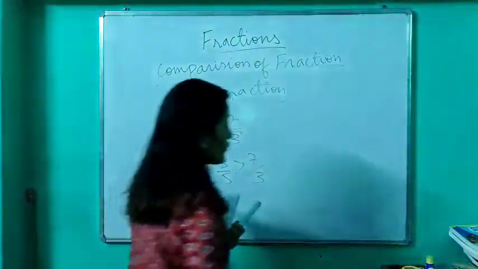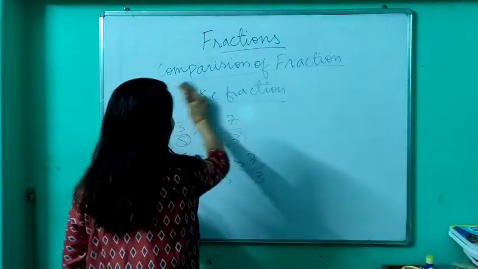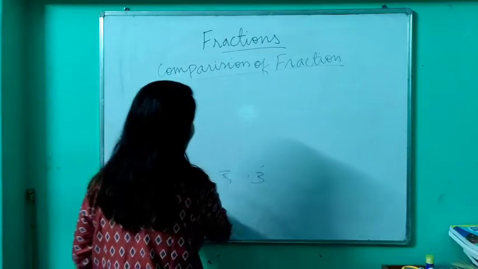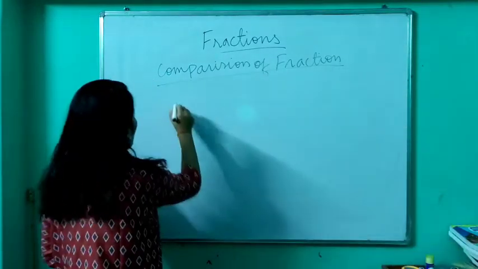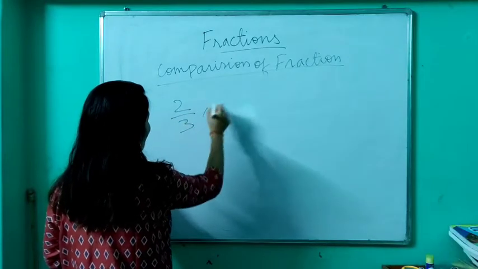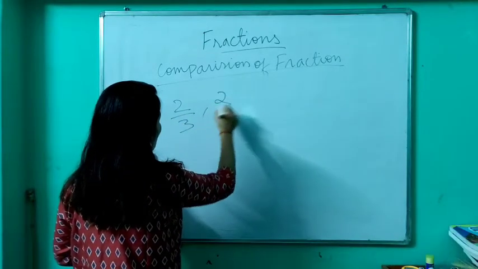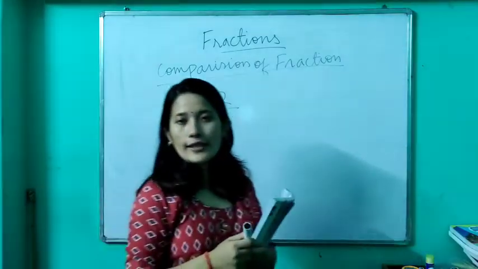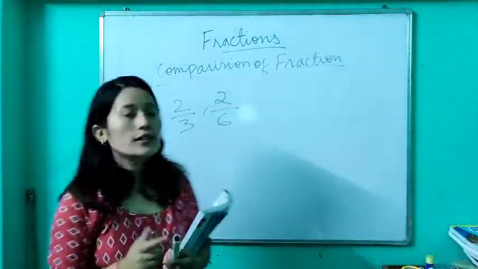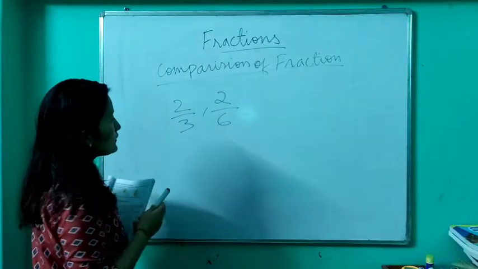Okay, now if you have fraction with the same numerator but different denominator, let us say 2 by 3 or 2 by 6. In this case, how do you compare the numbers?